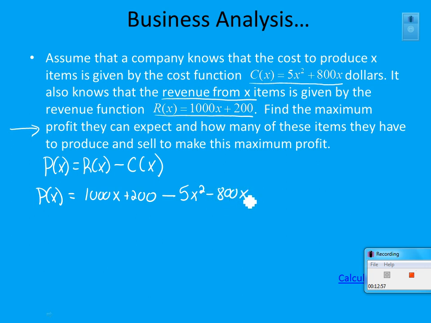I distributed that negative 1 through the cost. And then when I simplify this, I'm going to get negative 5X squared, 1000X minus 800X is 200X, and I'm going to have plus 200. Is everything looking good there? Yep, plus 200.